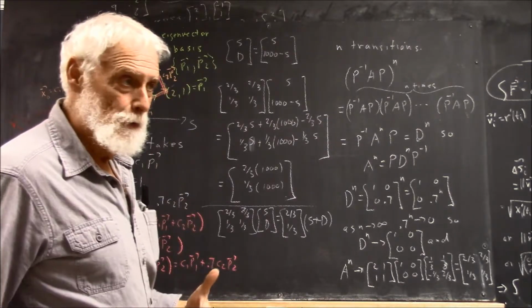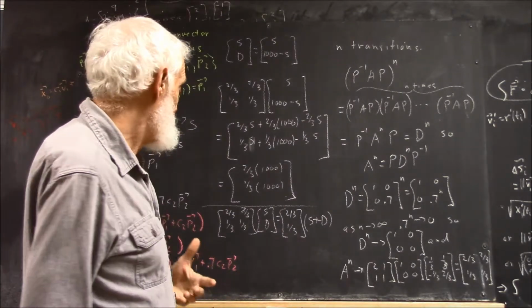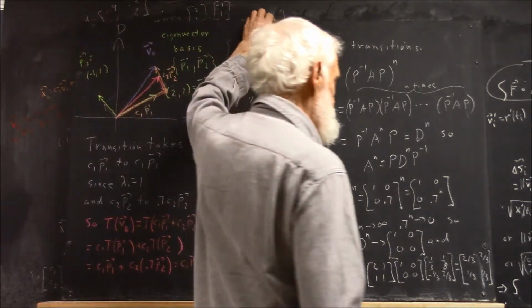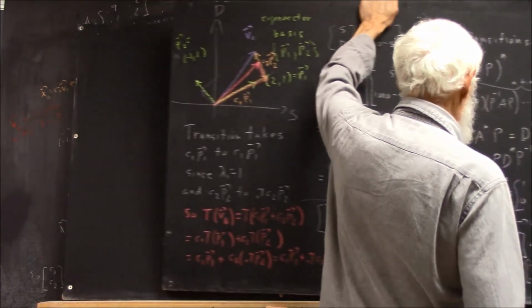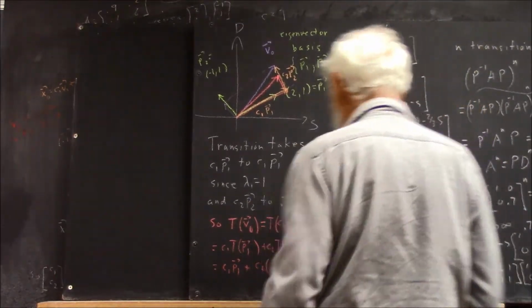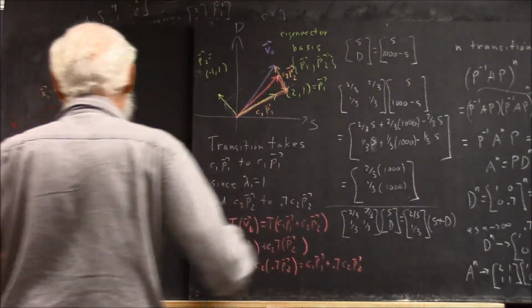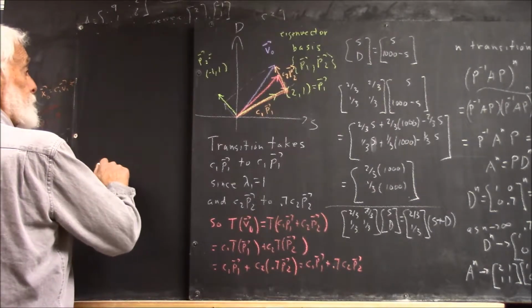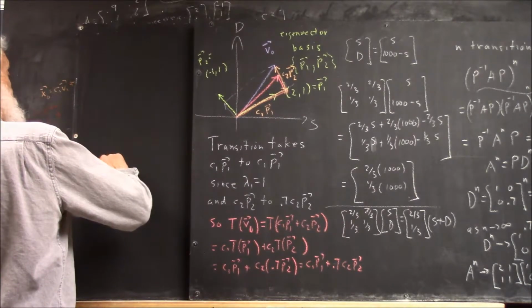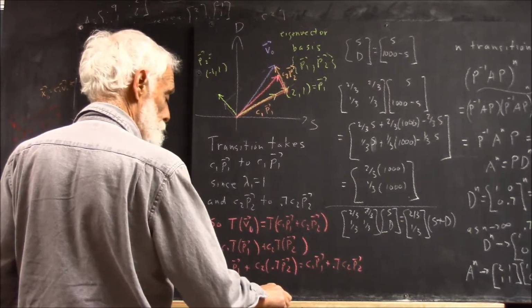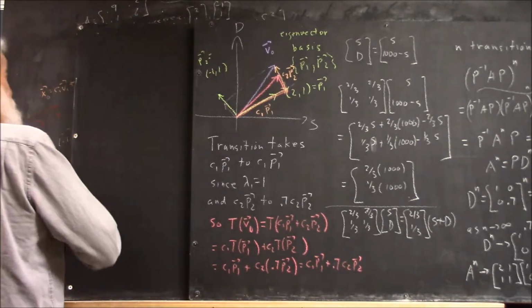That's a geometric sequence. Okay? So what we get is for any vector, okay, we start, I'll go ahead and use the same colors.